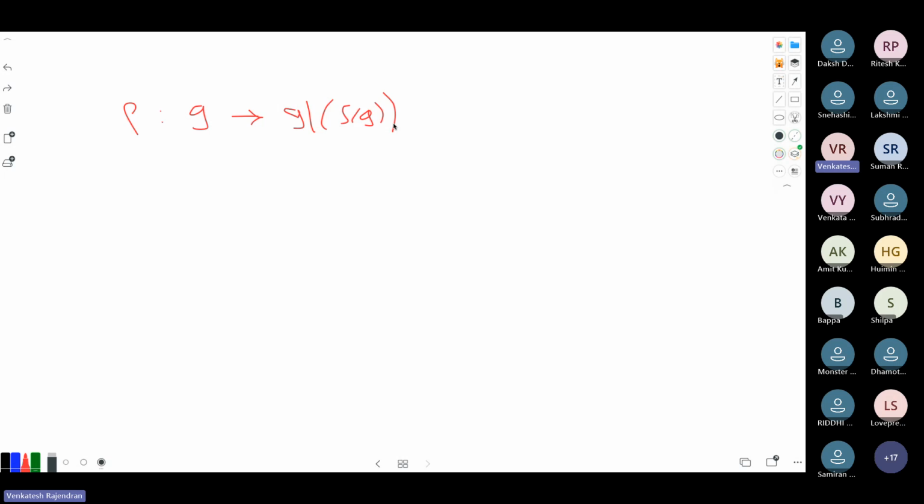You have to go modulo something. That is why lots of these restrictions are there. But if you write down what this means, G acting on GL of SG, you will see that those conditions listed in Humphreys will be very, very clear.